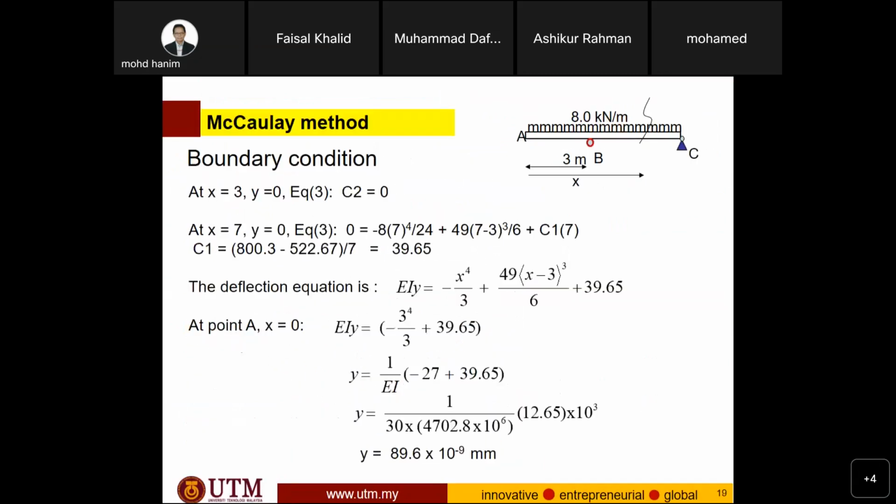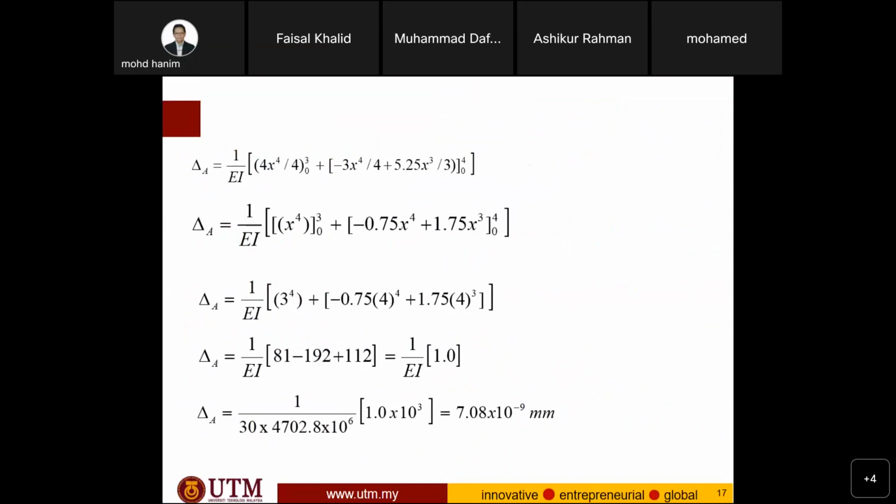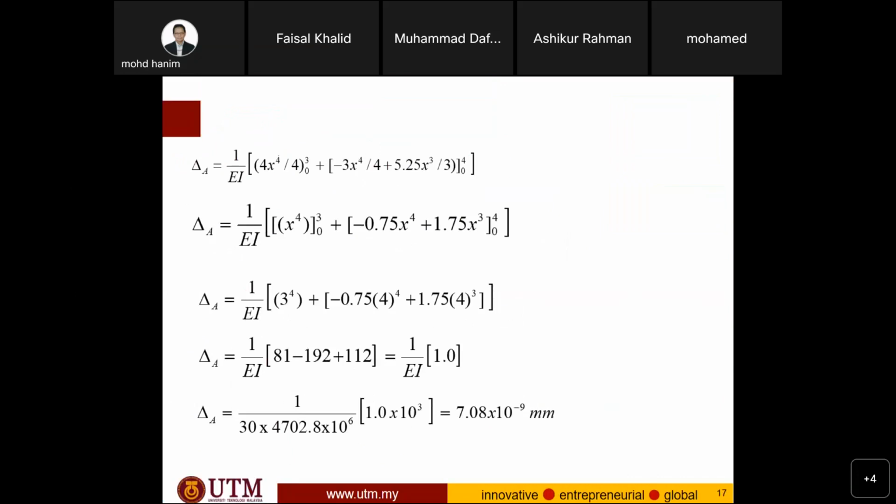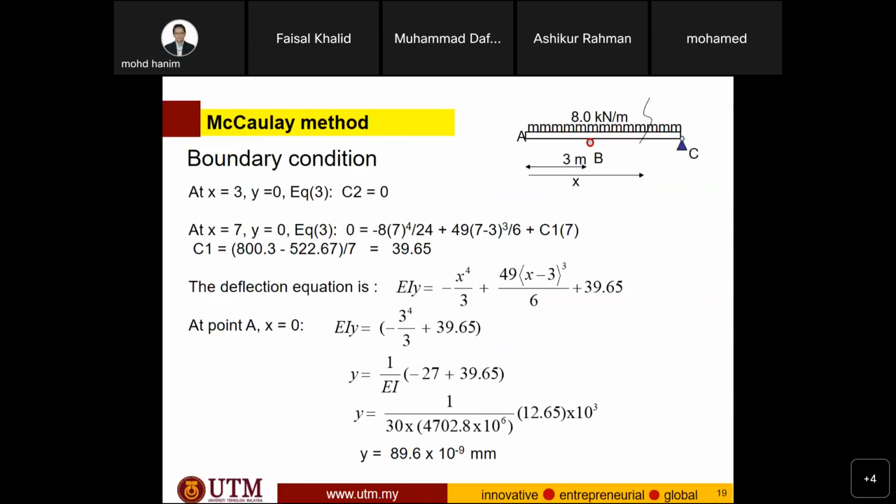Delta A, and here y equal to 89.6. Different answer. Why different answer? I have to check. This one is 7.08. Here is 89.6. We have to check again.